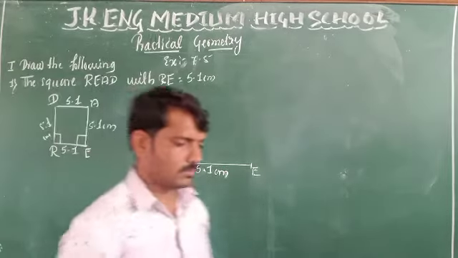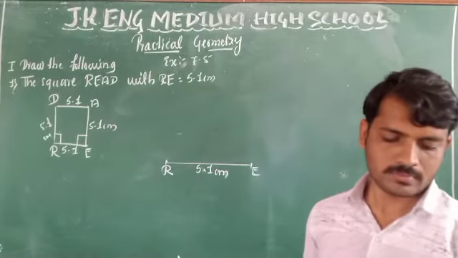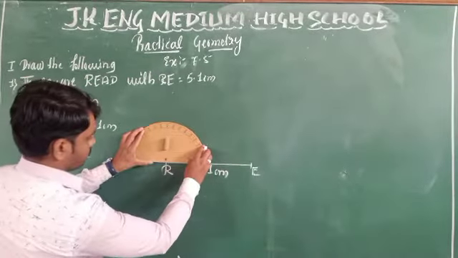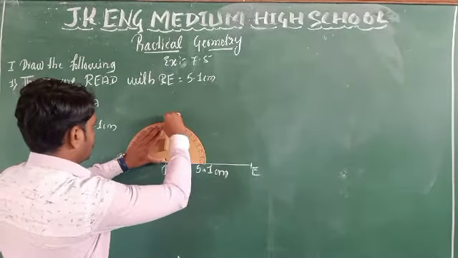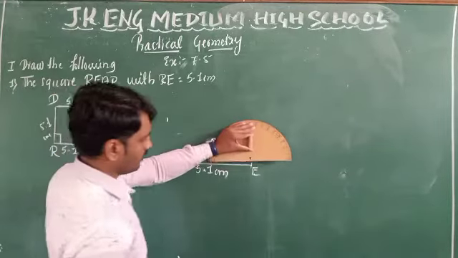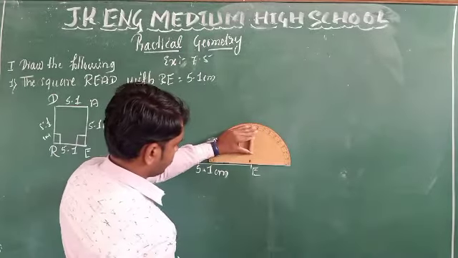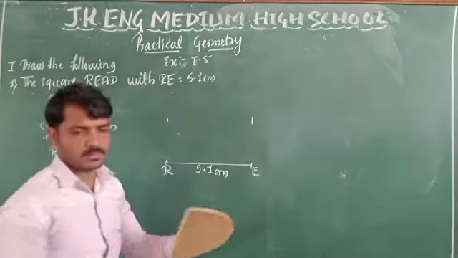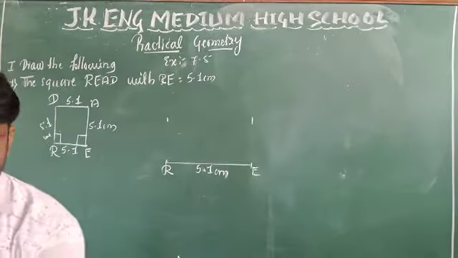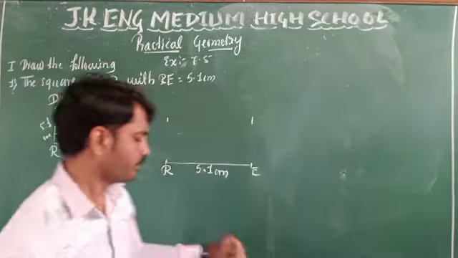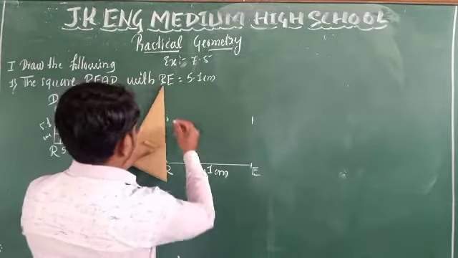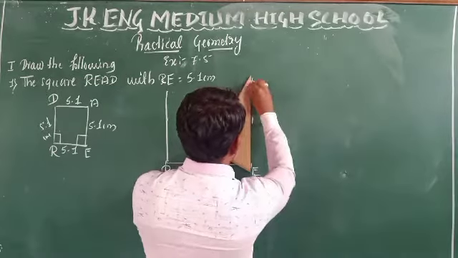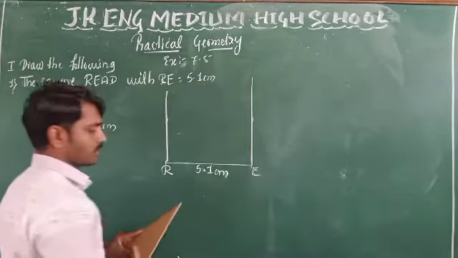Okay. Let us now take a protractor. Keep down R, 90 degree. Keep down E, this is also 90 degree. Then draw two straight lines. So this is 90 degree, and this is also 90 degrees.